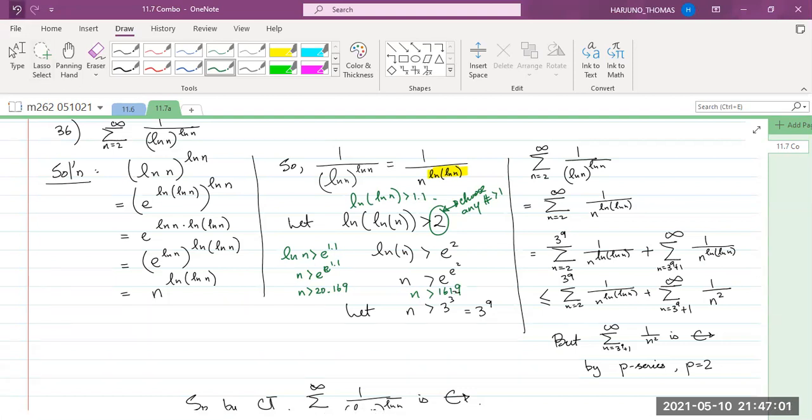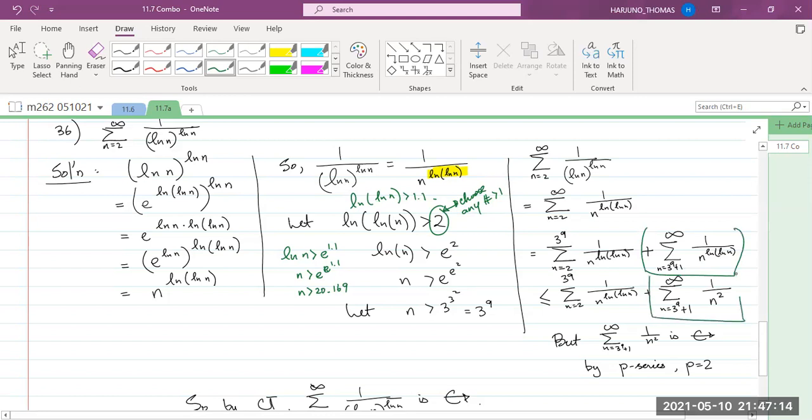Well, anyway, that's just a technique. You can always choose such an n that any term after that n will be bounded above, and convergent because of the p series. Okay, I guess I will just stop here and I will think about that number 38. Okay, see you then.